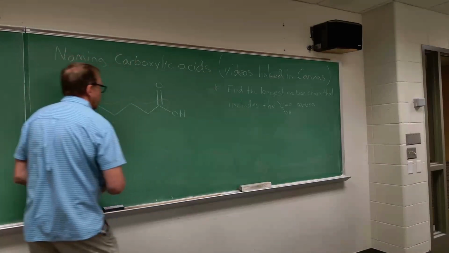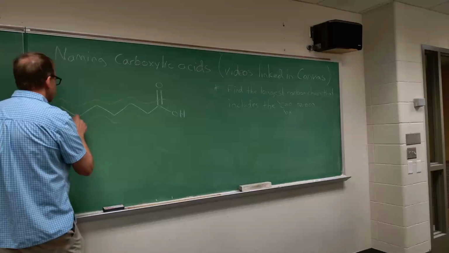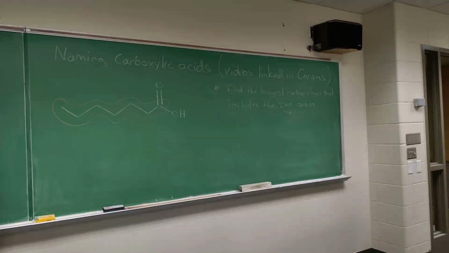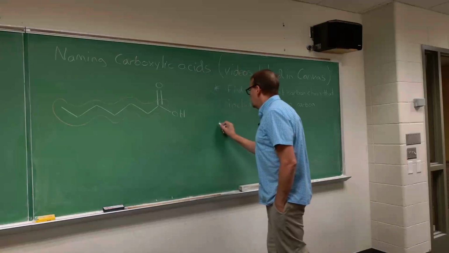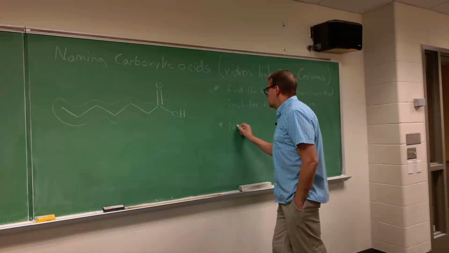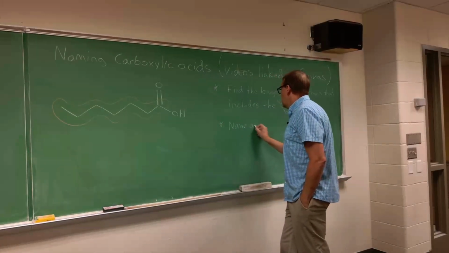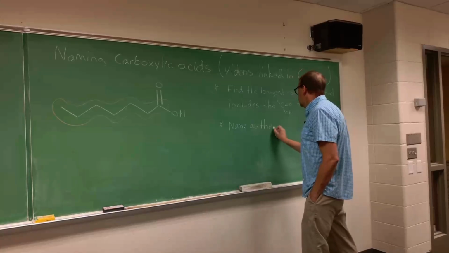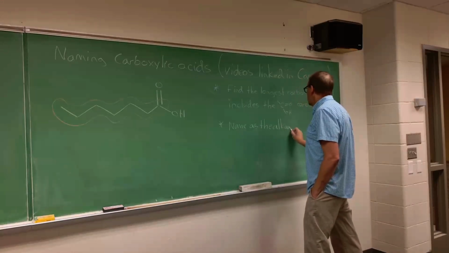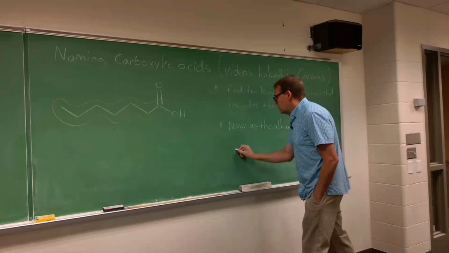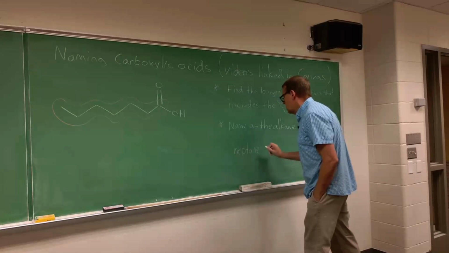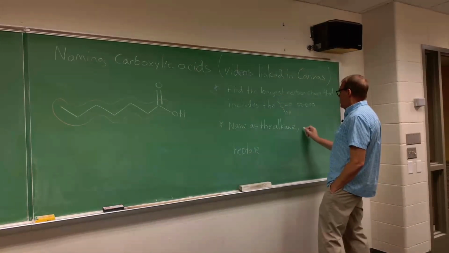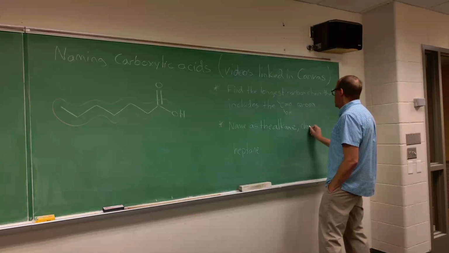So this is, let's count it, 1, 2, 3, 4, 5, 6, 7. So it is a 7-carbon chain. What you do is name it as the alkane. We're going to use that as our base naming. So if this were an alkane, it would be heptane. And then change the ending.